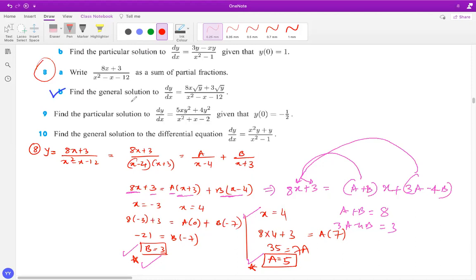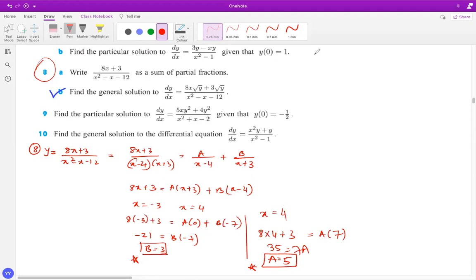Now our next step is to solve the differential equation that has been given here. Somewhere you have to use the word "hence". A lot of the time they don't use the word, but it is hidden here. So let's see how we solve this equation. We have dy by dx equals 8x root y plus 3 root y over x squared minus x minus 12.